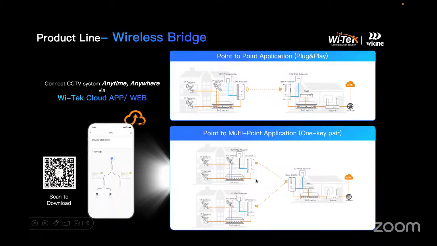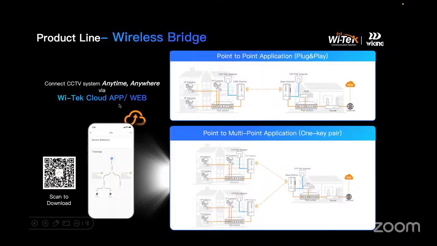And for point to multipoint, it's also very easy. You just press the button on each pair. So you press the button here, press the button here, press the button here, then it will be paired. So it's very easy. And after pairing, if you connect to the internet, you bind your cloud in our app.